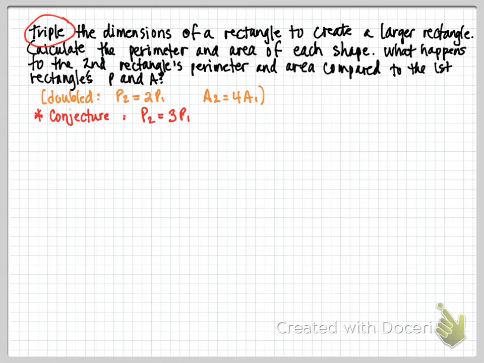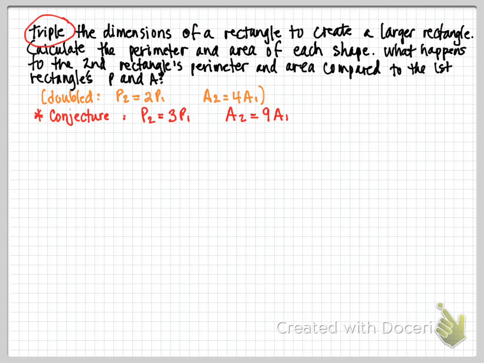Now, since each side was doubled, we ended up multiplying the area by 4 because it was times 2 times 2. So if each dimension is tripled, would we multiply by 3 or by 9? So the second area would be 9 times the first area.